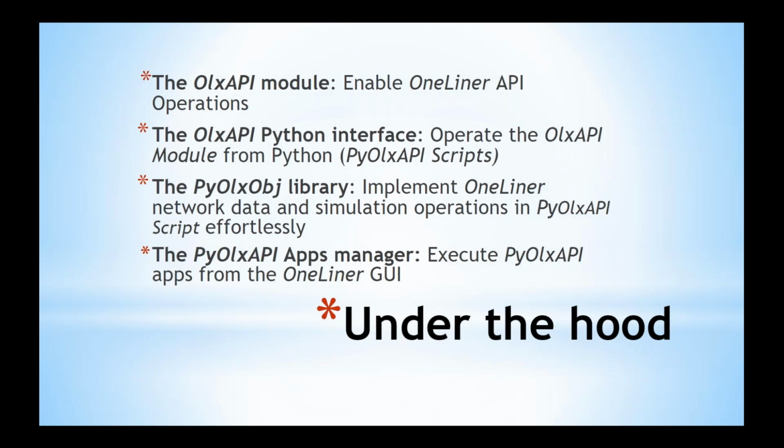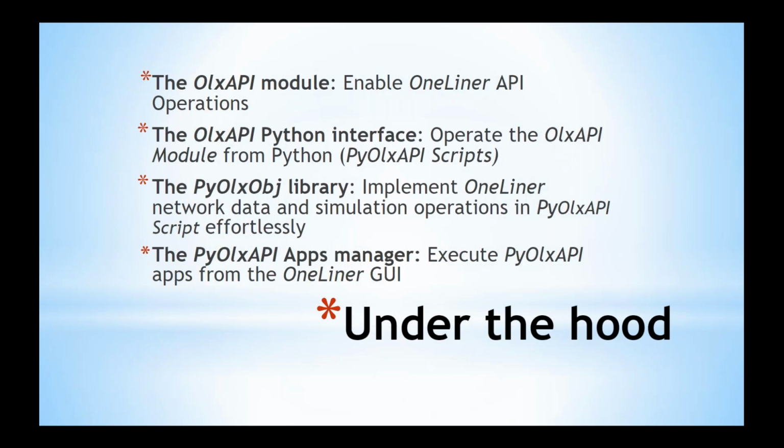That means OneLiner operation can now be executed not by hand using a mouse or the keyboard, but using another program. And that program can be in Python to begin with, or in many other languages, C#, C++, and anything that can run on Windows.